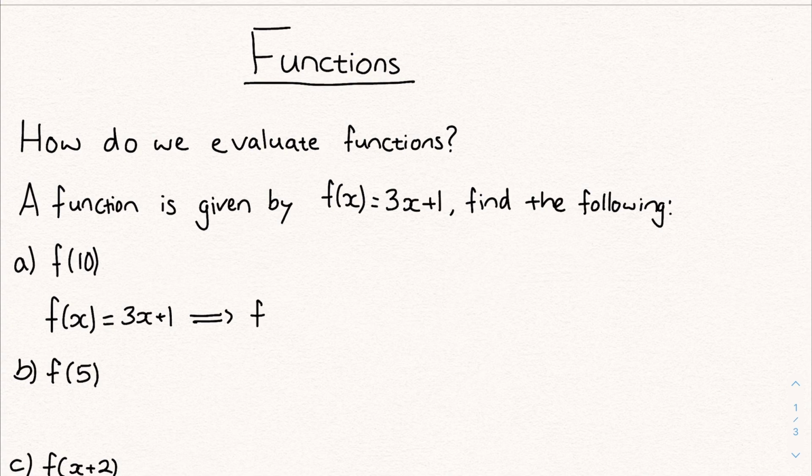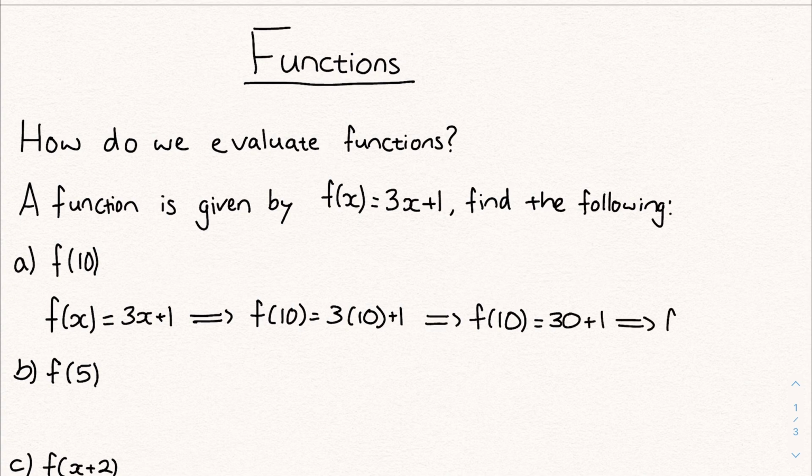So we have f(10) is equal to 3(10) plus 1. And then like a normal question, we'd just have to expand out these brackets. So f(10) would then be equal to 3 times 10, which is 30, plus the 1. And we know that 30 plus 1 is just going to be 31. So that's our first question all done.